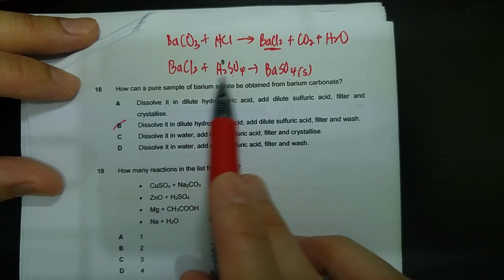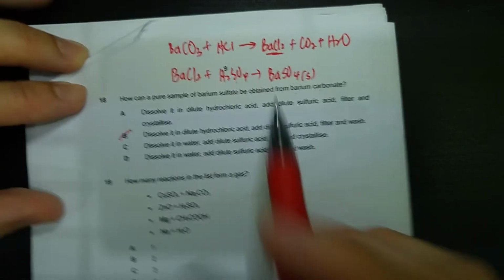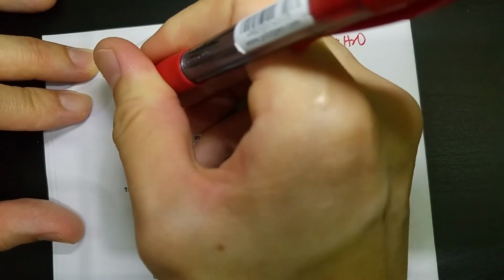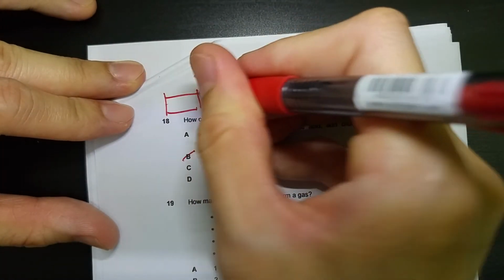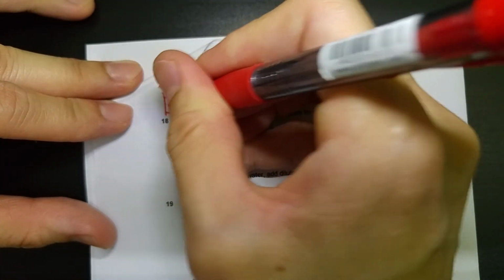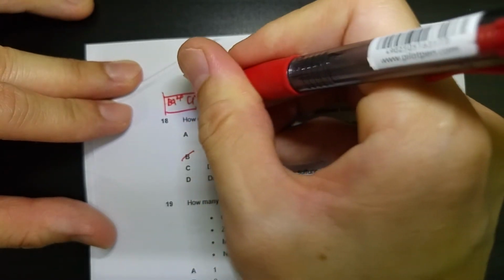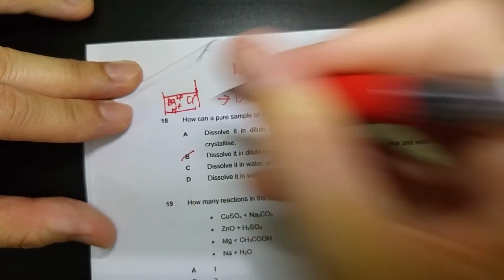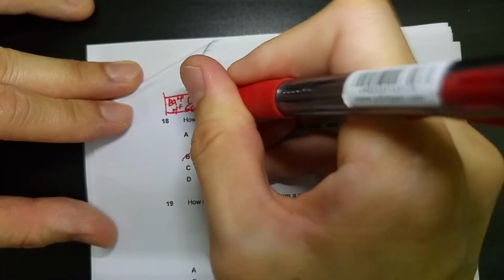So you have to look at the ions. When barium chloride and sulfuric acid are mixed together, you have Ba2+ ions, Cl- ions, H+ ions, and SO4 2- ions.